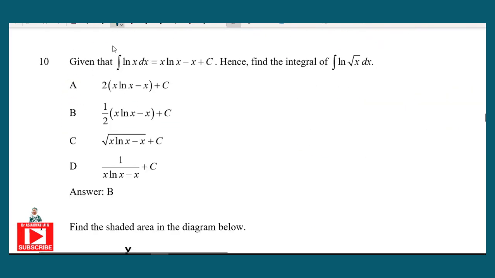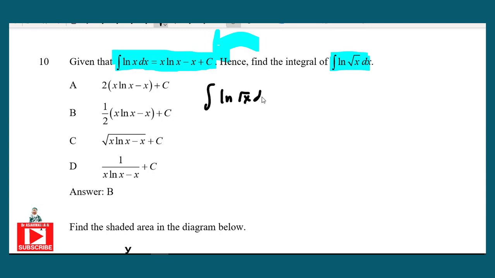Number 10. Given that, okay, integrate ln x, get x ln x minus x plus c. Then, hence, using this one, integrate ln of square root of x dx. Okay, this one is half actually. ln of x power half dx.